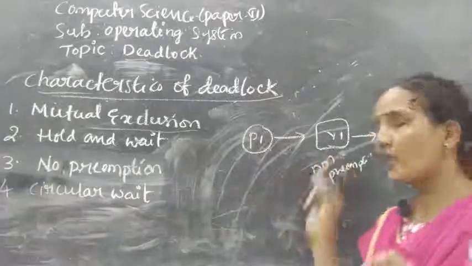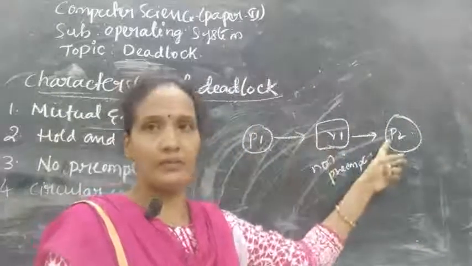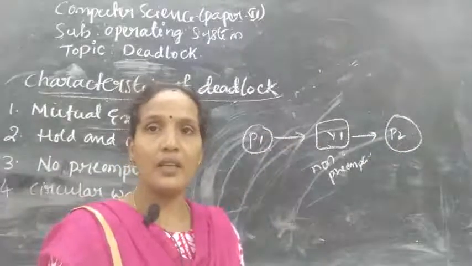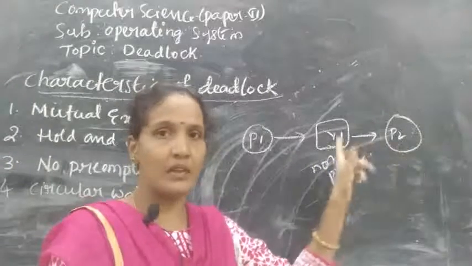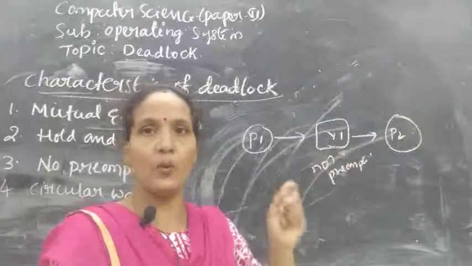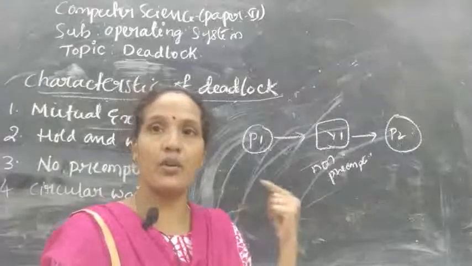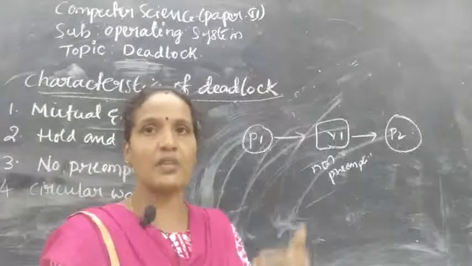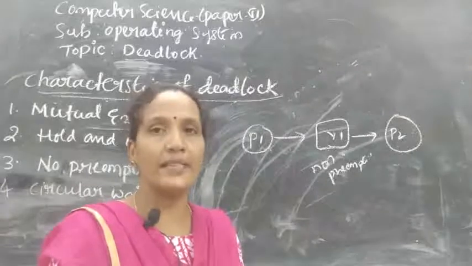Here R1 is no preemption, which means if any process is using R1 and a new process requests R1, what happens? R1 is not taken out from P2 and is not given to the new process, because that resource is no preemption. No preemption means if one process is using that resource, another process cannot use it. Even if another process interrupts, the resource is not given, because it is non-shareable.